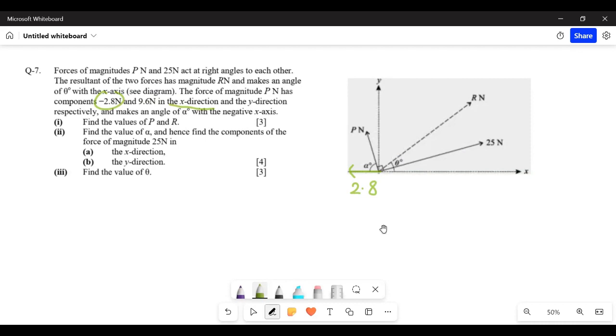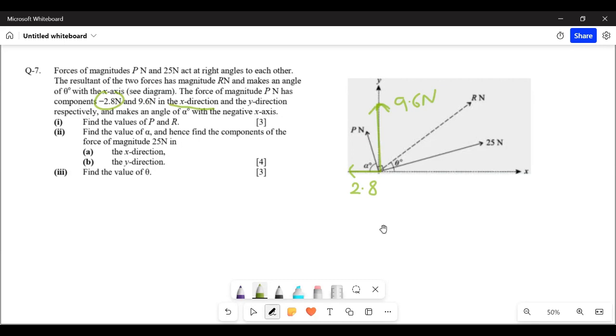Then 9.6 Newton is the vertical component of the P Newton force, which I'm going to draw here. So this is 9.6 Newtons. And it makes an angle of alpha degrees with the negative x-axis shown in the figure. We have to find the value of P and the value of R.